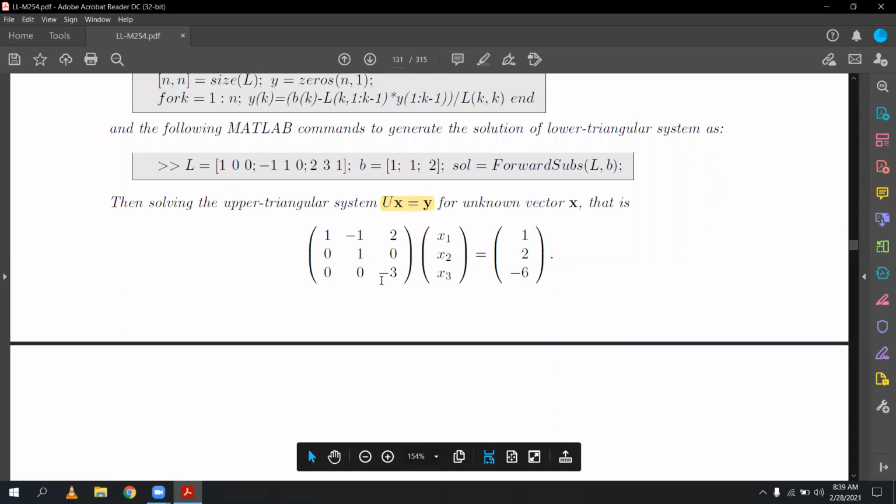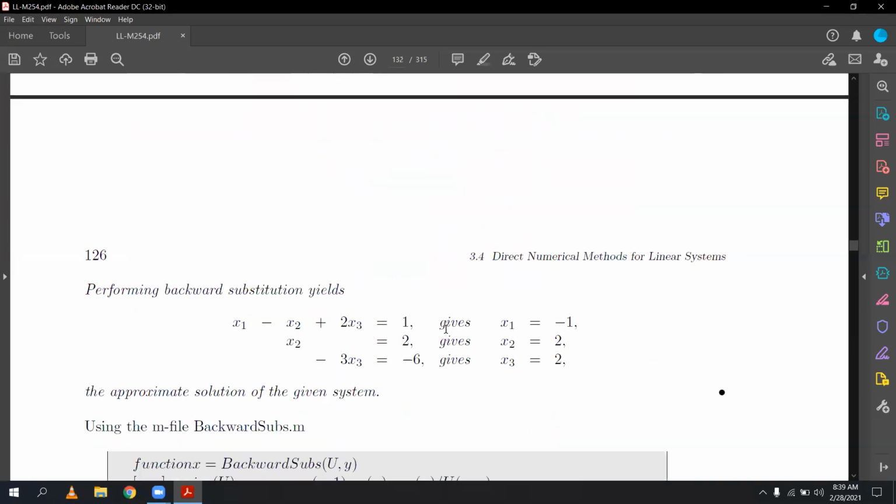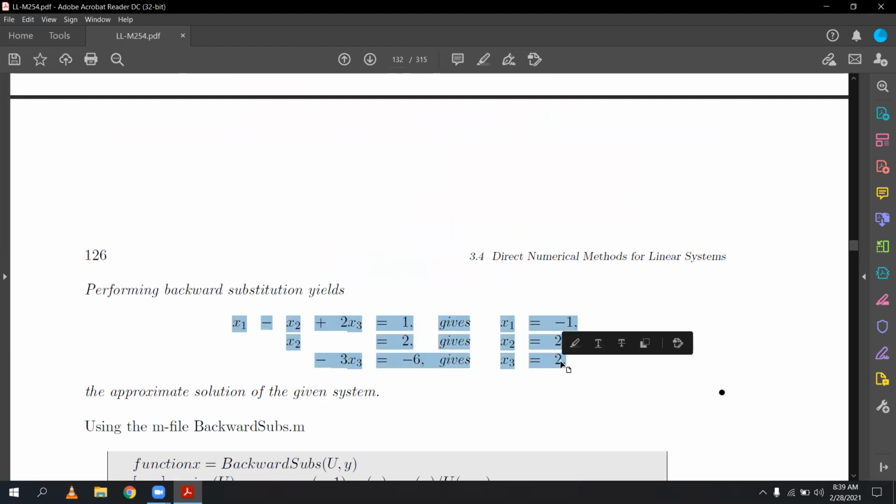Now you use backward substitution: -3x3 equal to -6, which means x3 equal to 2. Go back here and you will get the unique solution of the linear system we have. So that's a very simple thing.